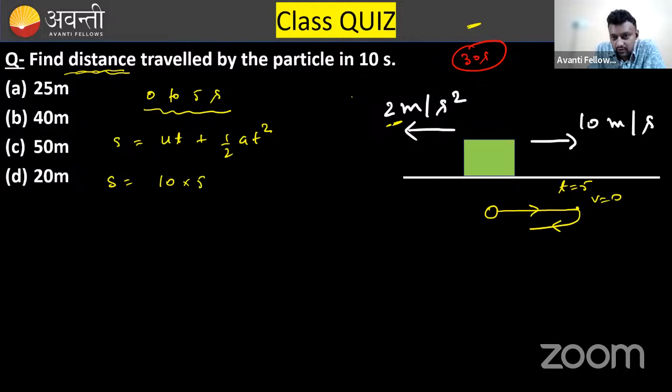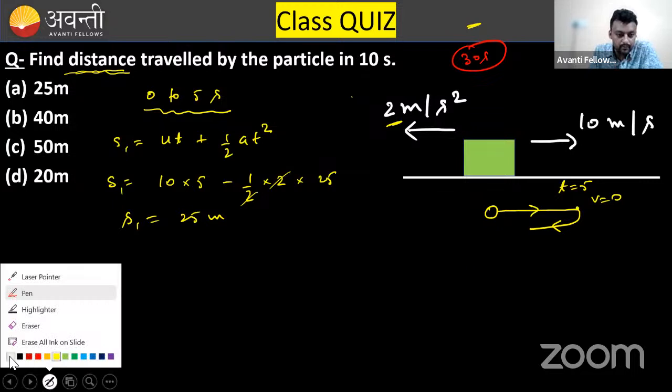Now acceleration, you can see this is negative acceleration, that is minus half, acceleration is 2 and time squared is 25. This can be cancelled. 50 minus 25, that is 25 meter. I hope till now everything is clear. This is the first breakup, you can say s1, the distance in the forward direction.